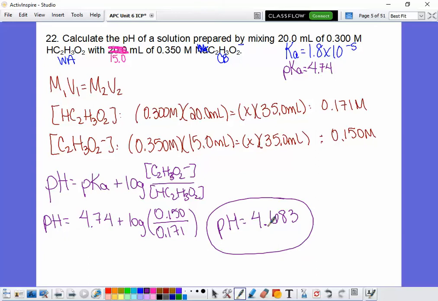Now, say we did this problem how it was originally written, and we didn't actually change the ratio, that the concentrations both were cut in half, you would have gotten a pH of 4.807. So it's a little bit off. By diluting it and by changing that ratio a little bit, it pulled the pH further from pKa. And it changed that overall ratio of the acid to the base. The closer that ratio is to 1, the closer the pH will be to pKa.